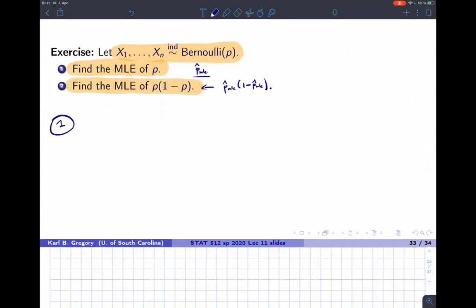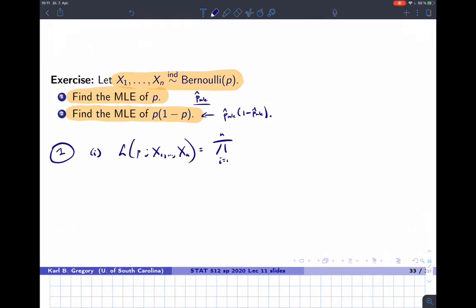Okay. So to find the MLE, I'm going to get the likelihood function of p, which is going to be the product of what? Of the marginal probability mass functions of x1 through xn. So the Bernoulli PMF is p raised to the xi times 1 minus p to the 1 minus xi.